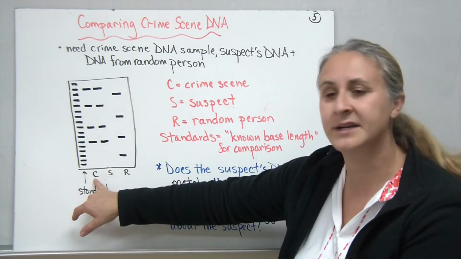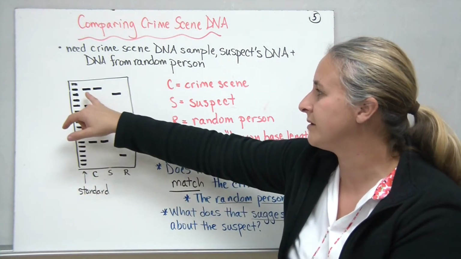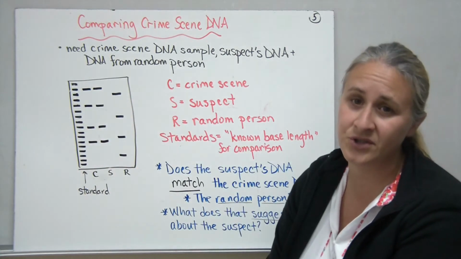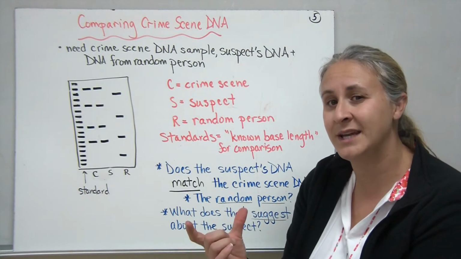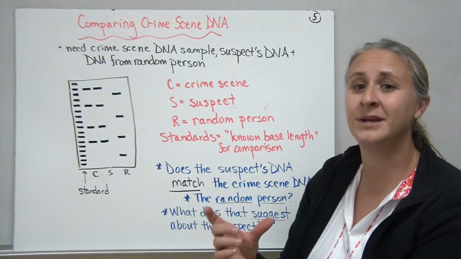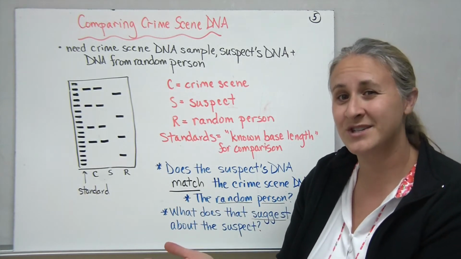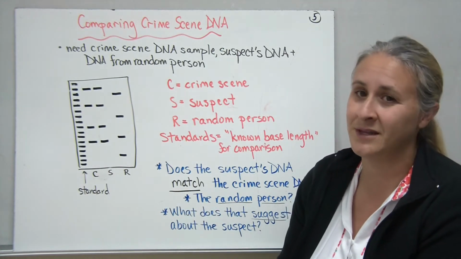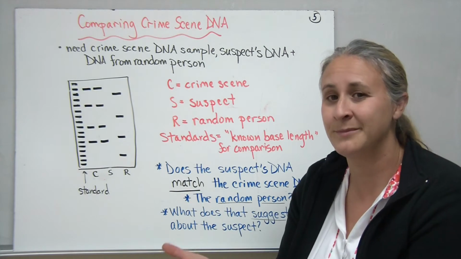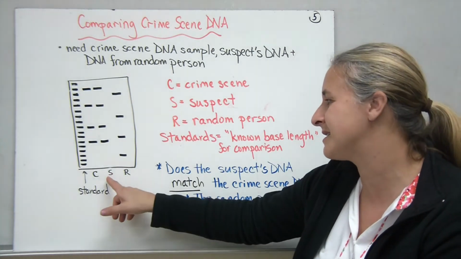So here's my suspect and here's my crime scene. Do all of the bands match up completely? And in this case, they do. So since the bands match up, I have a match for my DNA to the crime scene, putting me to an idea that maybe my suspect matches the crime scene DNA and it at least puts them at the scene. Does it mean that they're a murderer or whatever it might be? Possibly not, but it shows that there was at least DNA there from that suspect.